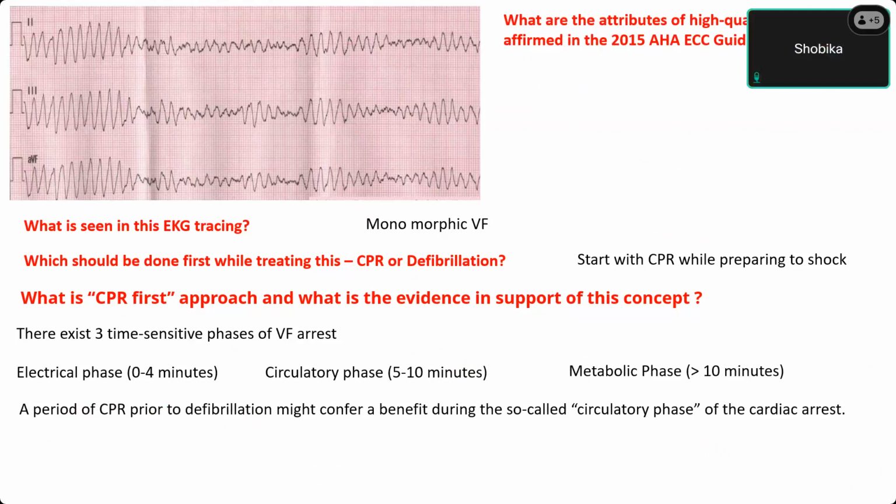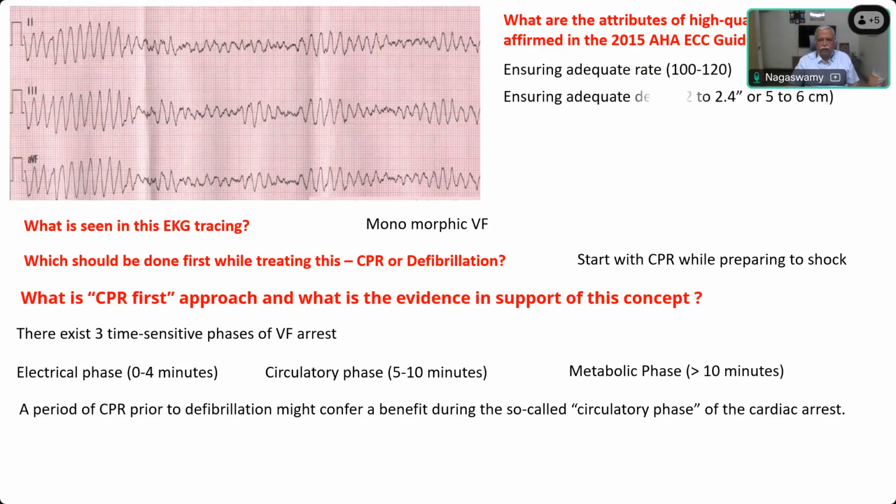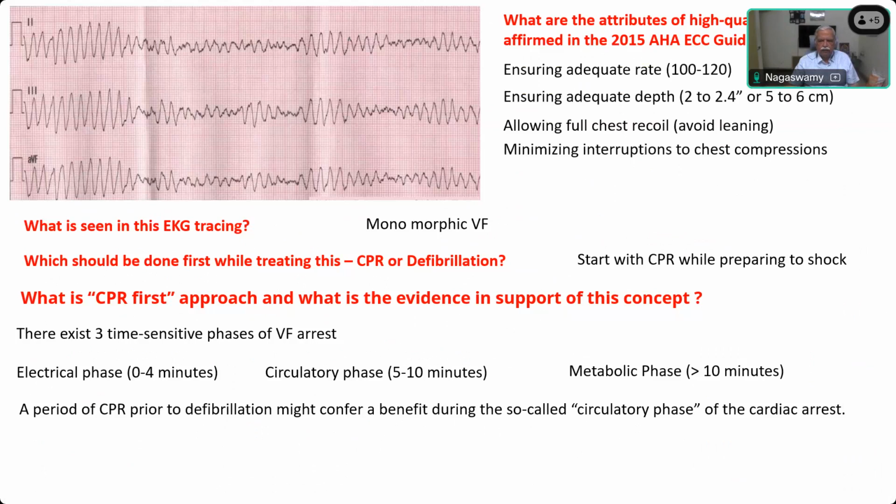The depth of compression should be at least 5 centimeters in adults. In children, ensuring adequate depth is 2 to 2.5 centimeters, not 5 centimeters; 2 inches, you will break the bone. And allowing full chest recoil, minimizing interruptions to chest compressions, avoiding excessive ventilation. These are the 5 things that have been advocated.